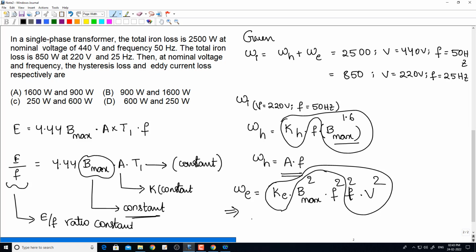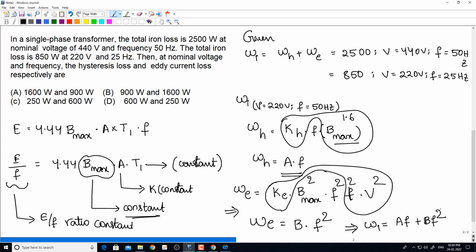So We is equal to that constant, we will write it as B into F square. So we can write the iron loss in the transformer as A into F plus B into F square.